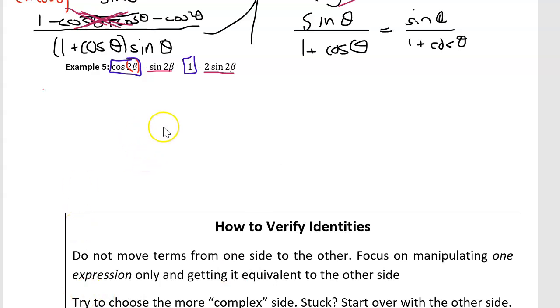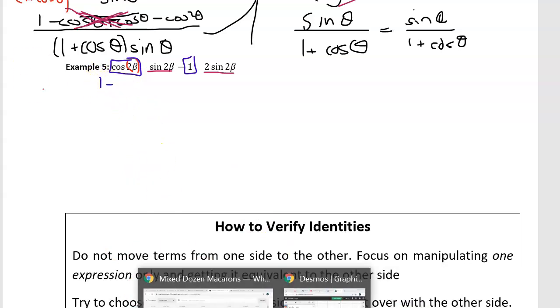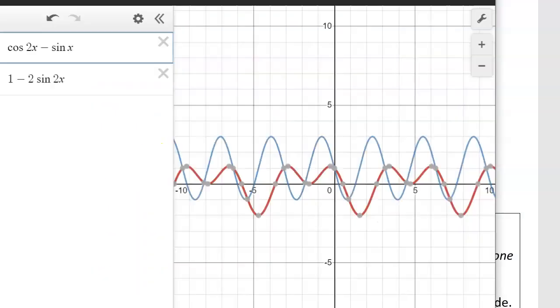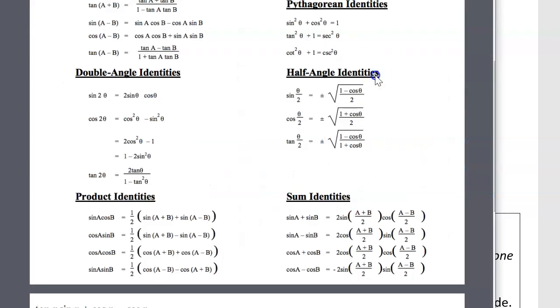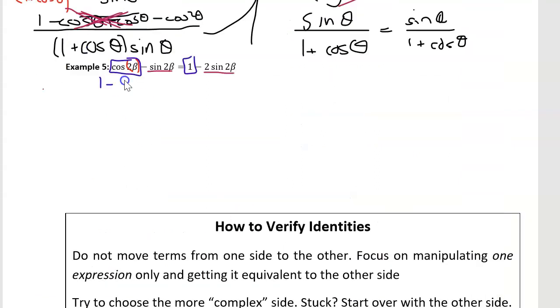So let's start with one of the most similar options, which is going to be 1 minus 2 sine squared theta. Sorry, beta, not theta.